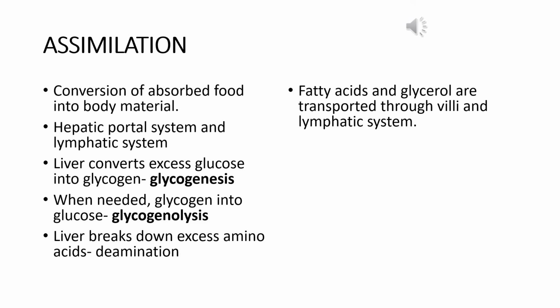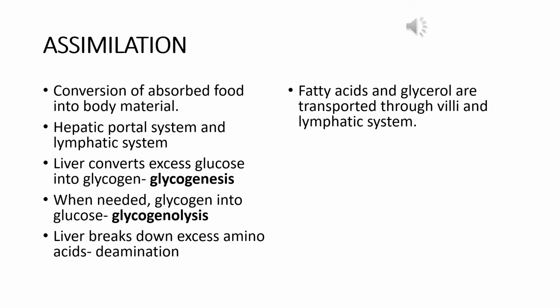Now these body cells are converting those absorbed food material into body material. That is, they are using it for some purposes. This using process is called assimilation. Two systems are responsible for this assimilation process. One is hepatic portal system and another is lymphatic system.